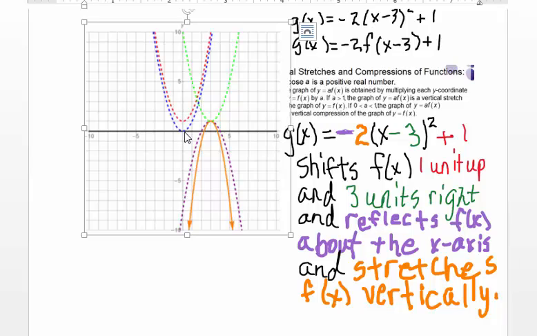The blue graph is the original f of x equal x squared. The red dash graph is the vertical shift upward. The green is the horizontal shift 3 units to the right. The purple dash graph, downward opening, is the effect of the reflection, the negative sign. And then finally, the vertical stretch by a factor of 2 gives me my final solid orange graph.